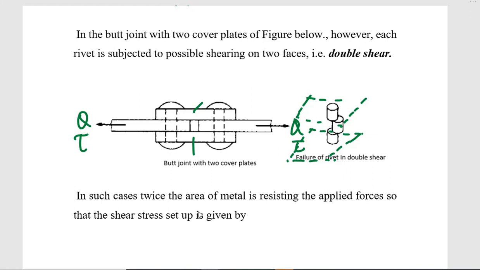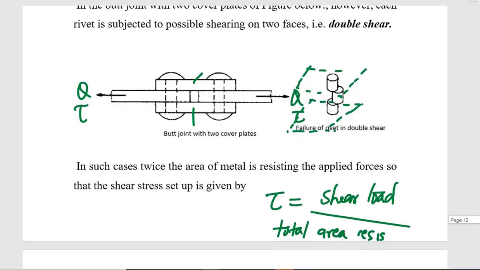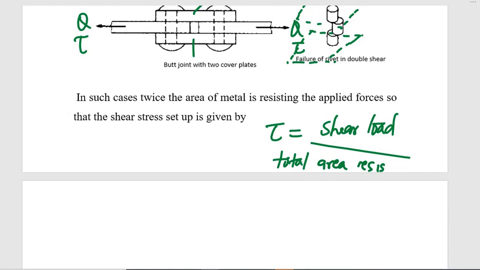In other words, in such cases, twice the area of the metal is resisting the applied forces, so that the stress is given by tau, which will be the shearing load divided by the total area resisting shear.